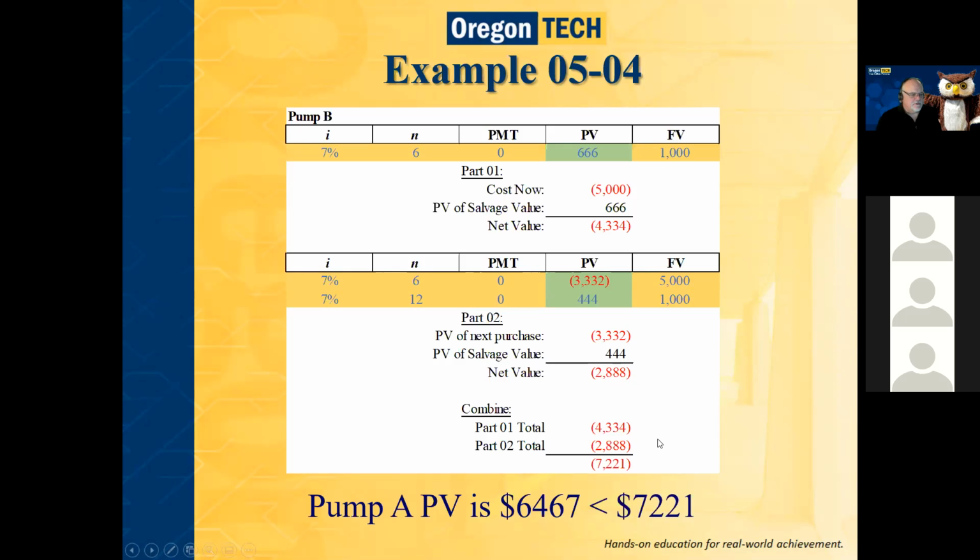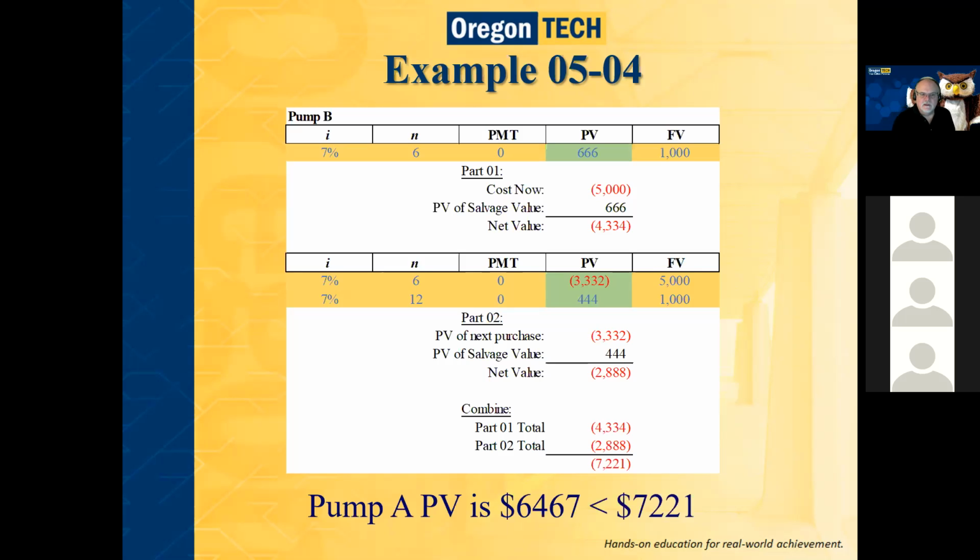So the cost of both is that $4,334 for the first 6 years, plus that $2,888 for the second 6 years, which gives me $7,221 overall. This is where you say pump A is better because $6,467 is less than the cost of pump B, $7,221. Does everyone know what we did on this one?